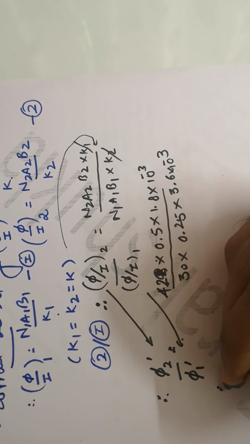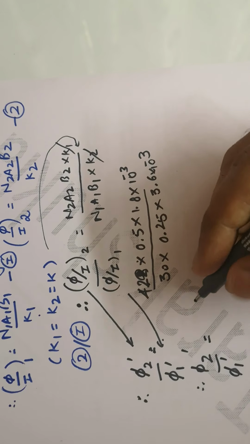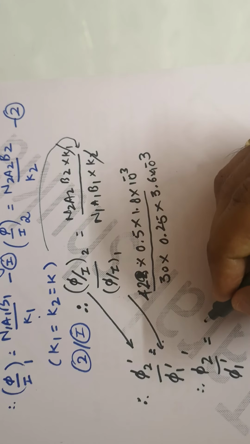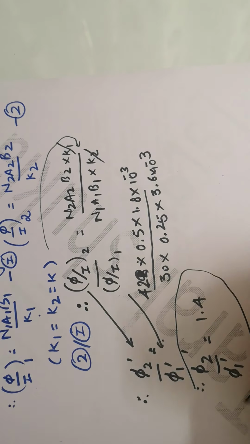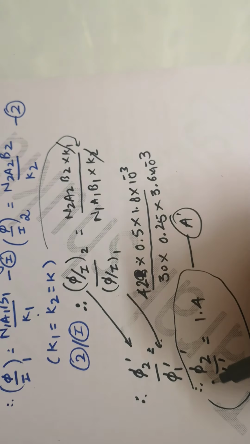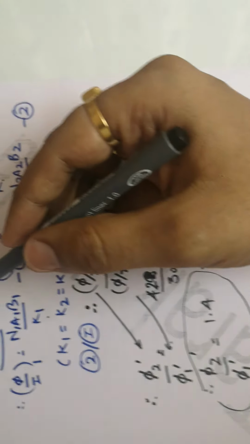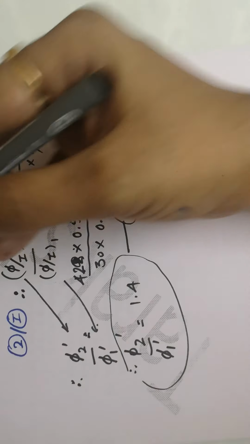The 10 to the power can be cancelled out directly, so phi 2 dash by phi 1 dash is equal to 1.4. This is the value I have received. This is the current sensitivity of my ammeter, the first thing we had to find.